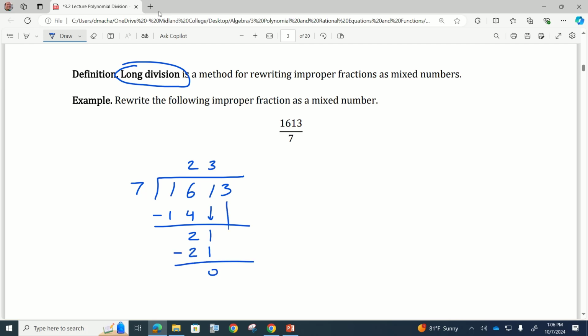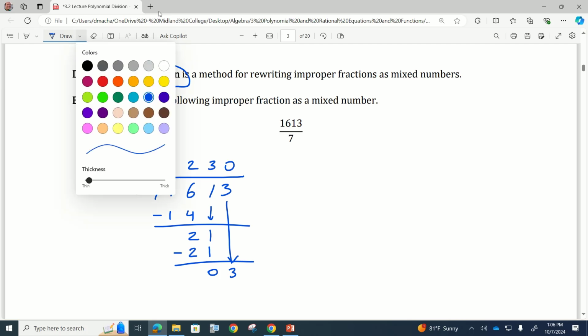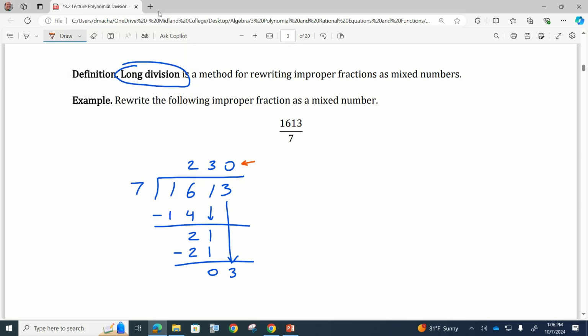That's 0. We bring down the 3. And then how many times does 7 go into 3? 0 times. And 3 then is my remainder. So we called this number up top the quotient. We called this number down here the remainder.